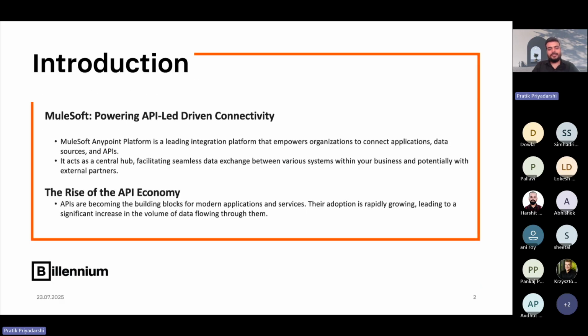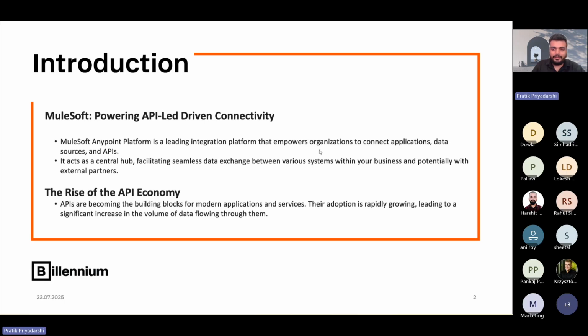So let's get started. I think many of you already know what MuleSoft is, but for those who don't, I would like to give a brief introduction. MuleSoft is an integration platform, most widely used now. It has the maximum market share in the integration area, and it empowers the organization to connect the applications, the data sources, APIs.